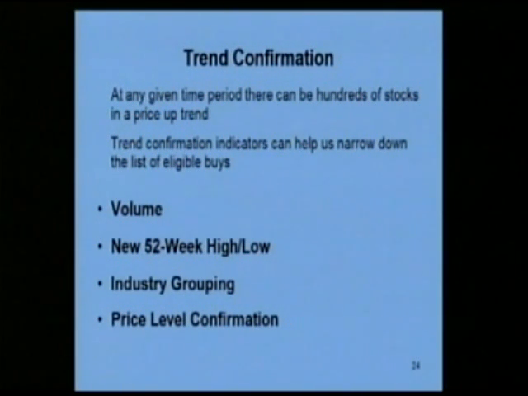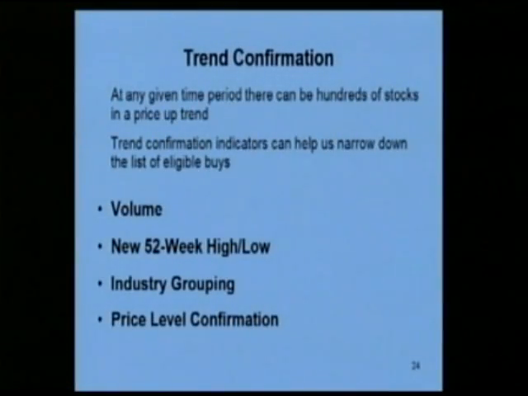And there's four things I use. I use volume. I check the volume of the stock. And I'm going to show you a really good indicator for that, which is very effective, and it tells you if the price trend can be sustained. We also look at the new 52-week high list if we're looking to buy, and of course we look at the 52-week low list if we're going to go short. And the industry grouping, that's also important, and we'll explore that.